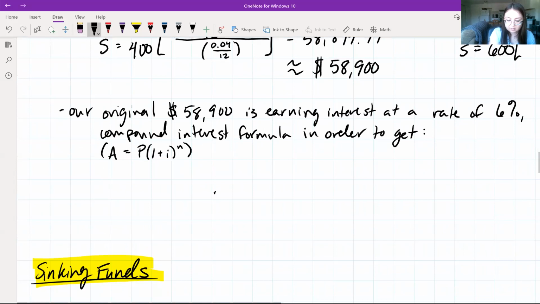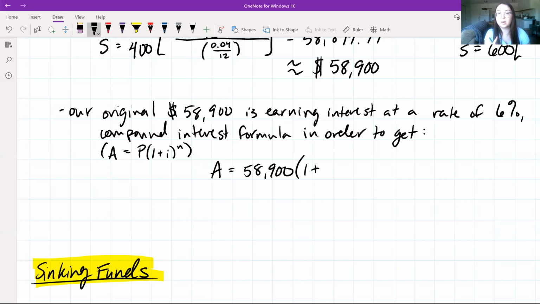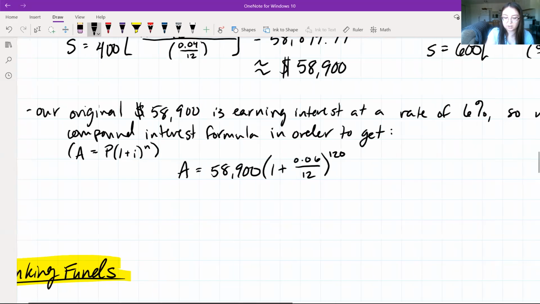So we get A is equal to 58,900 times 1 plus our interest rate, which is still being compounded monthly, so we still have to divide by 12. So 0.06 divided by 12. And our n is still going to be 120, still being compounded monthly for 10 years.